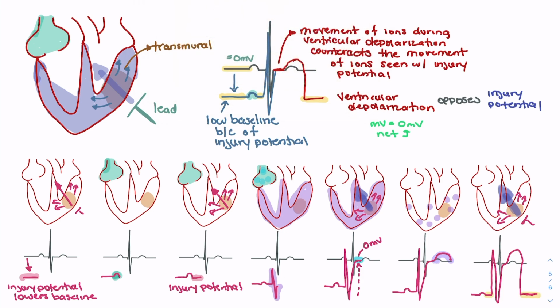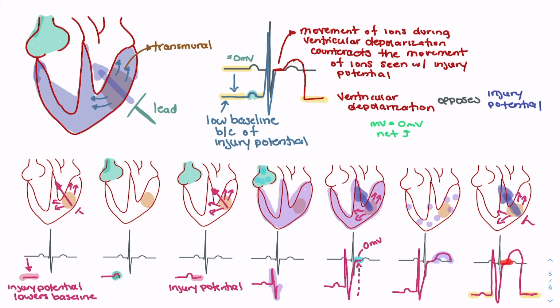Again, these three portions of the baseline are all indicative of injury potential. We're no longer witnessing a ventricle at rest, or no net movement of electricity, at those pieces. What we are witnessing is that vector of electricity moving away from the lead because of the injury potential.